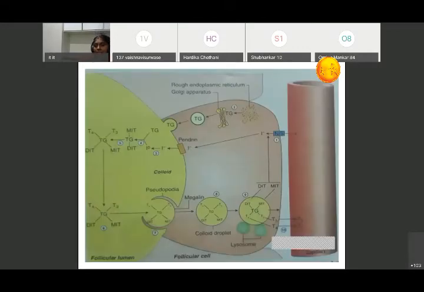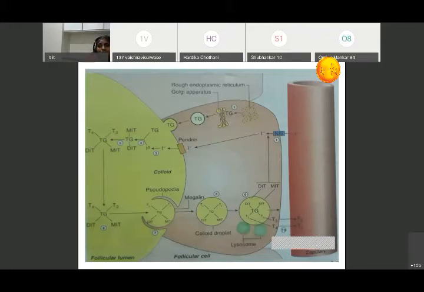See this figure carefully. First see this blue color, NIS, the sodium iodide symporter. Against the electrochemical gradient, iodide from the diet or blood comes to the follicular cell with the help of pendrin.